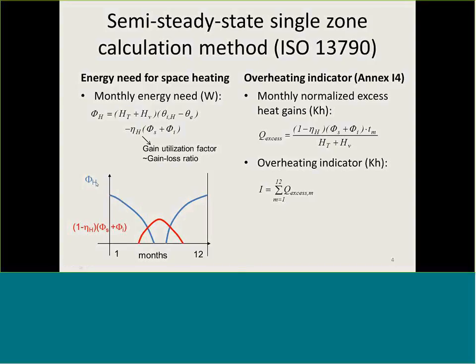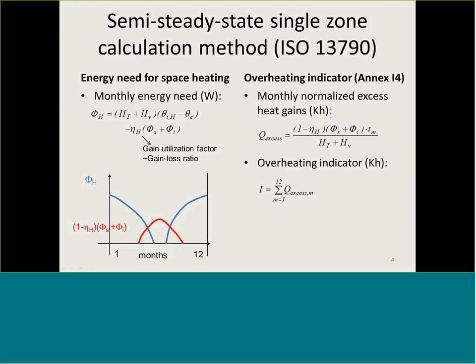The result of this calculation is that for each month of the year, the monthly energy need for space heating is calculated, which is represented by the blue line in the graph below. Since not all heat gains are useful to reduce the space heating energy need, you may have during some months also heat gains which are not utilized.